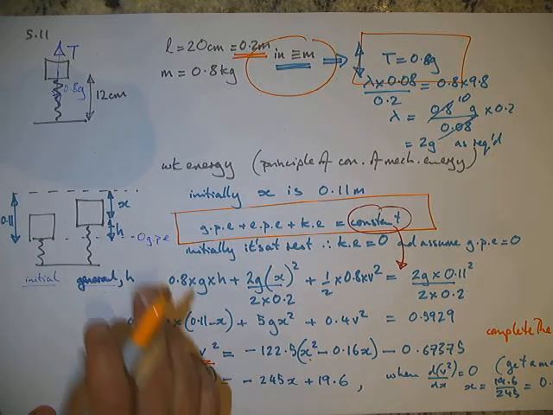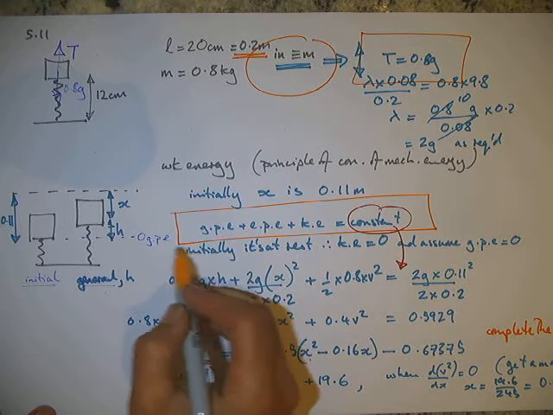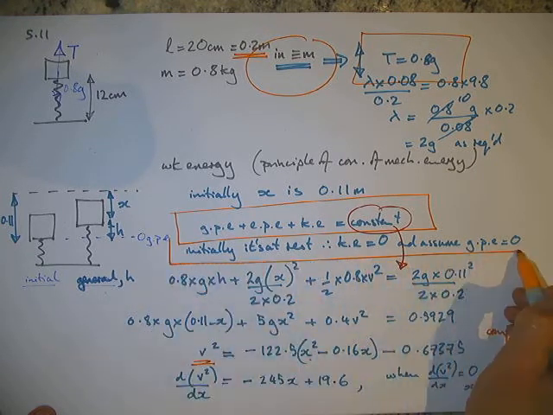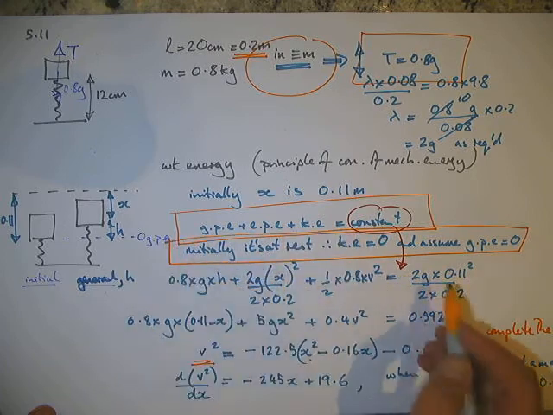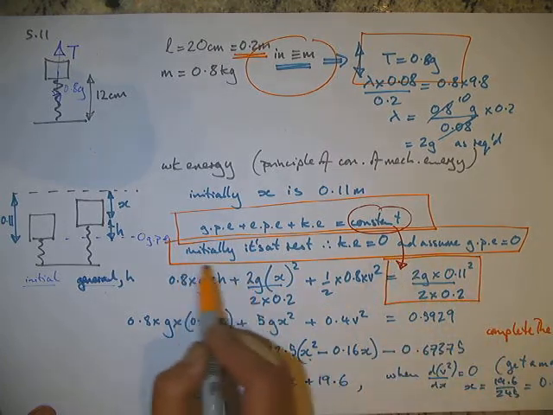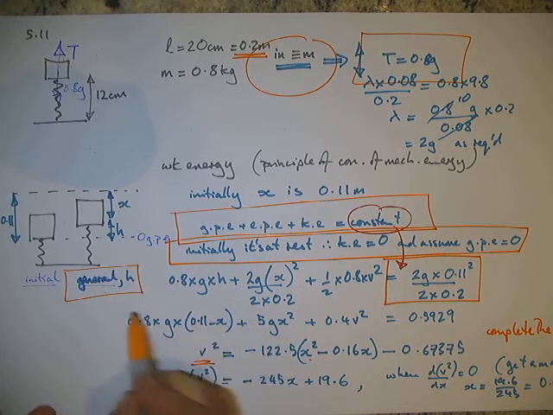And look at the starting point: it was at rest at the starting point, which gave us the value of this side. And then everything else was written in terms of a general position, a general x, to give us that.